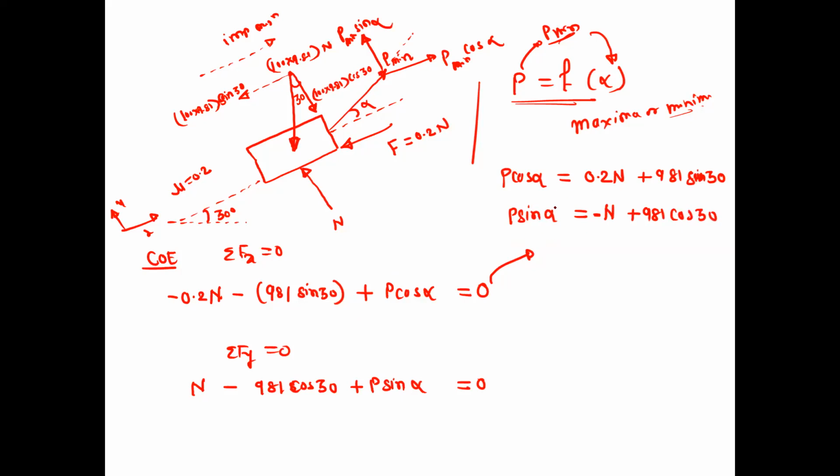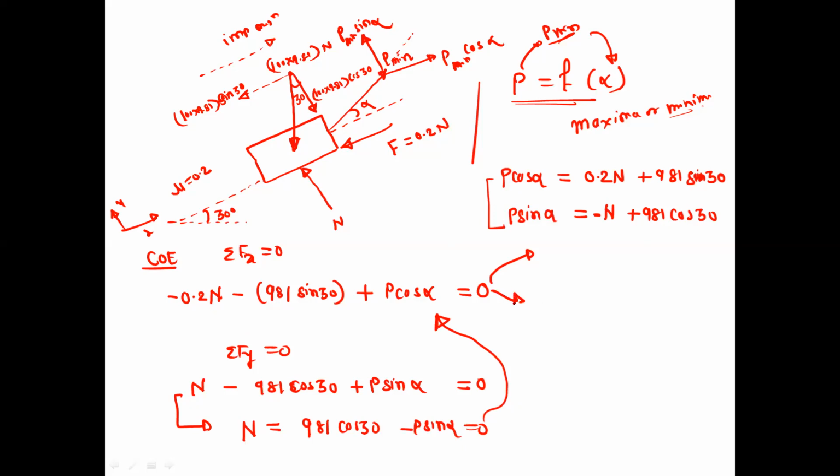But don't write in this format, otherwise we can cancel out the P value. So from this equation, just write N is equal to 981 cos 30 minus P sin alpha, and put this value in the other equation, wherever we have the N value.